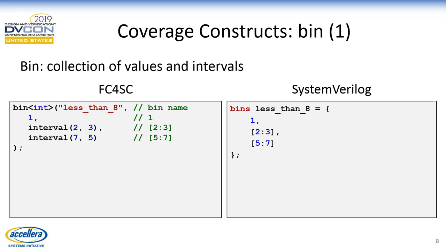And these values will be dependent on the intention of the verifier or the SystemC model architect. And to define a bin, you will have to use the bin class parameterized by the type of data it will contain. And then you specify a name as a string, and then you can list as many values or intervals as you want. So you are not constrained with regards to the number of arguments here.